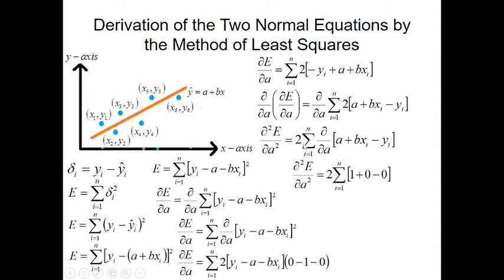And then, ano yung derivative ng a plus b xi minus yi? So, derivative ng a with respect to a, 1. Derivative of bxi with respect to a. So, pag walang a, ibig sabihin yan, treat as constant. So, 0. Derivative of negative yi with respect to a, 0. Dahil constant. Okay? The derivative of a constant is 0, right?